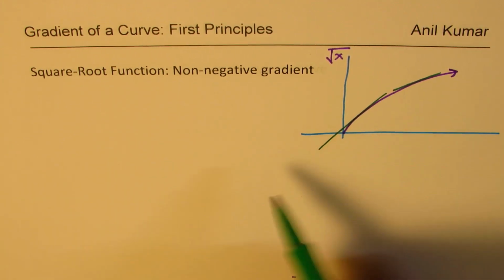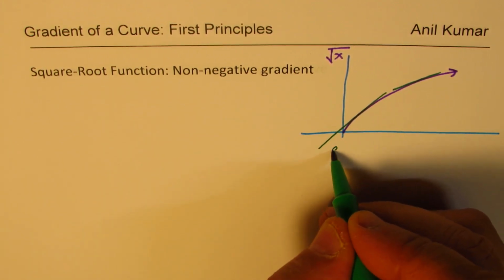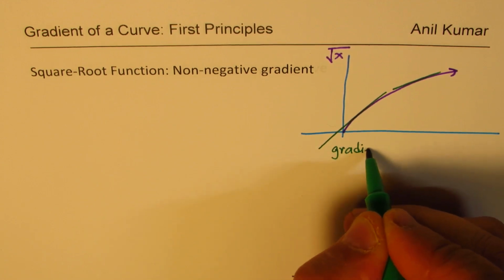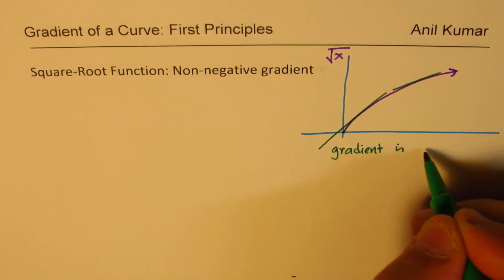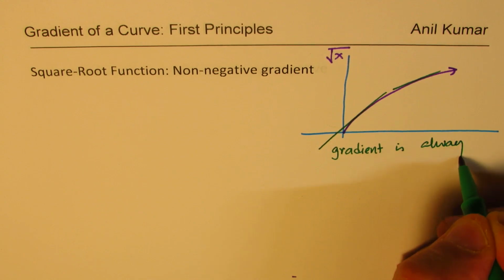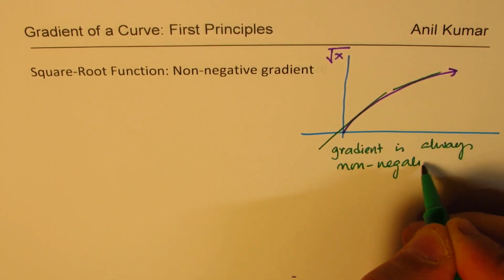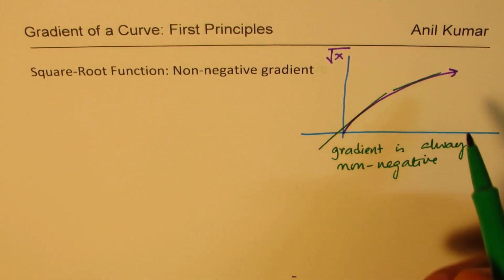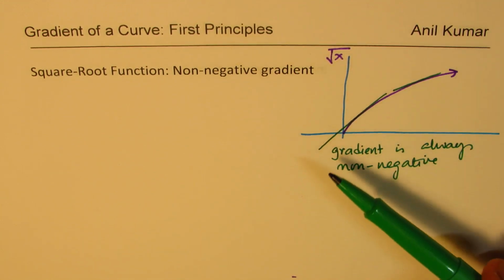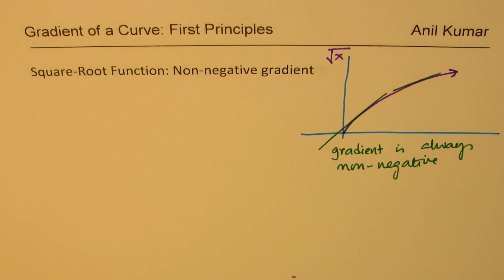Correct? So what you notice here is that the gradient is always non-negative. So it is always rising. Do you see that? While it is rising slower, it is steeper here.